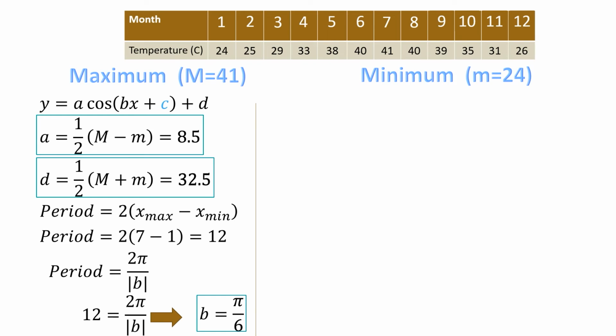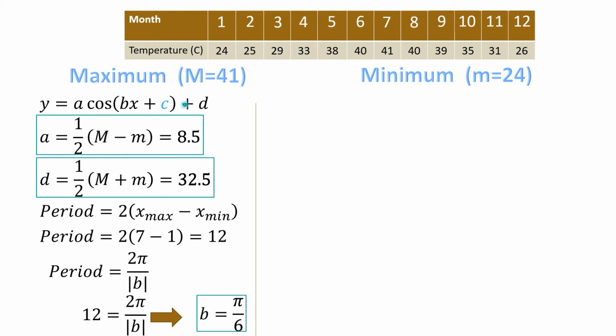Now, what if we wanted to model with a cosine function? The good news is there is not much difference between the sine and the cosine. For finding D and B, it will be the same for sine or cosine.